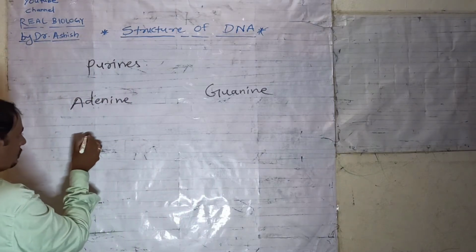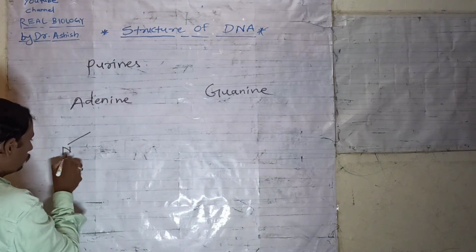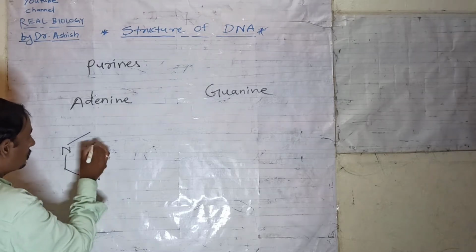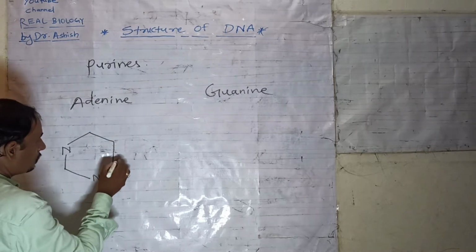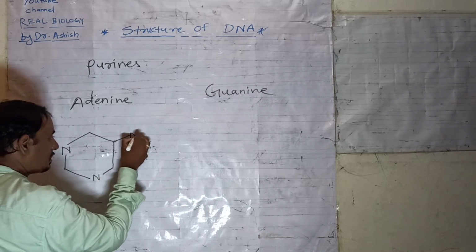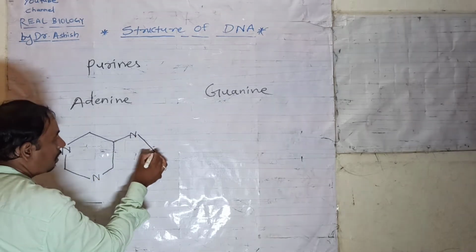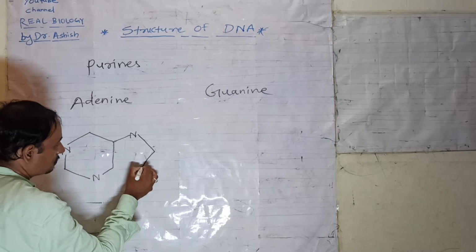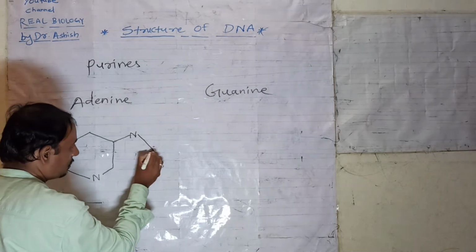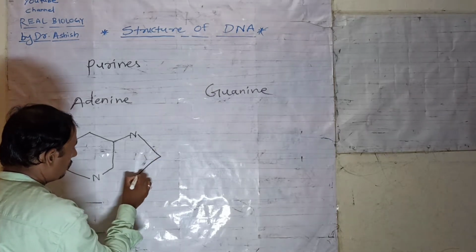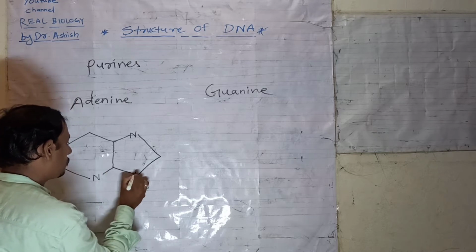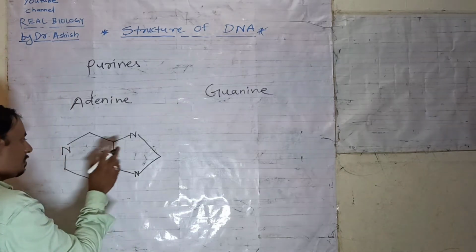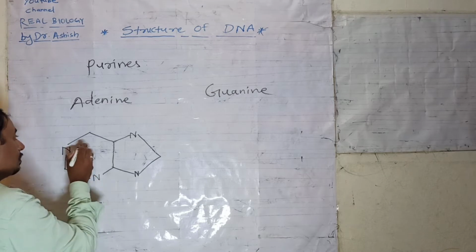Adenine is a double ring structure having ring nitrogens. In the first ring, 2 ring nitrogens, and in the second ring another 2 nitrogens. So basically there are 4 nitrogen atoms.